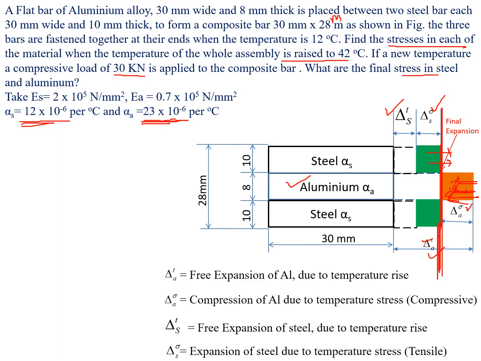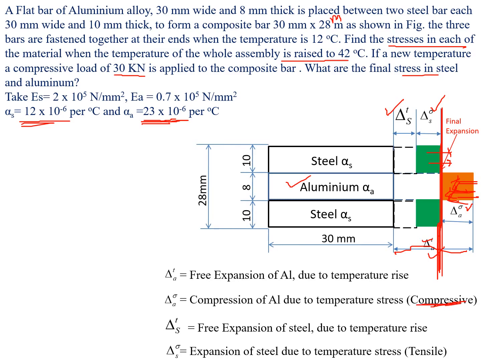Here I have to note down the notations once again. Delta AT is the free expansion of the aluminum due to the temperature rise, which is greater than delta ST. And delta A sigma is the change in length of the aluminum due to the compressive stresses, so the nature is compressive.